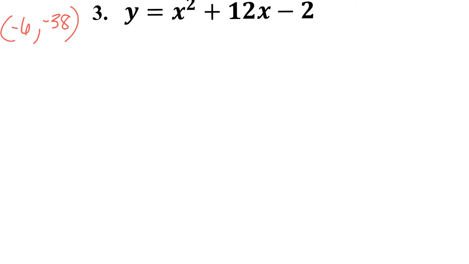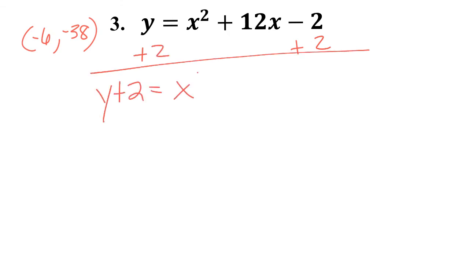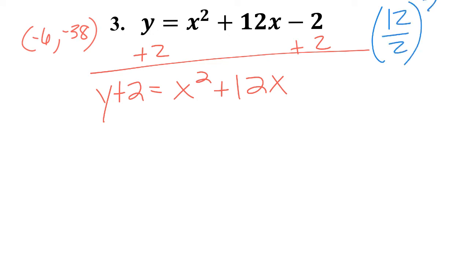So that starts by adding 2 to both sides, giving us y plus 2 equals x squared plus 12x. We're looking for the value to add, which is going to be half of b, squared. So 12 divided by 2 is 6. 6 squared is 36.